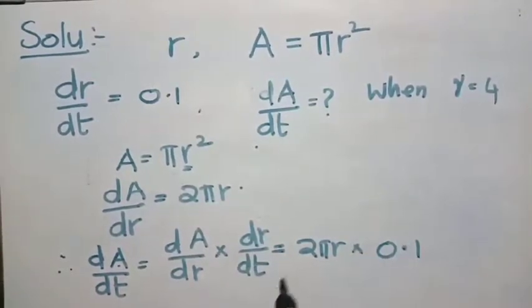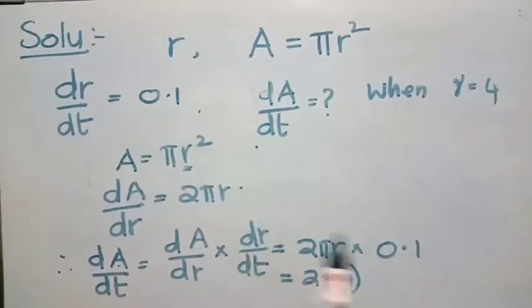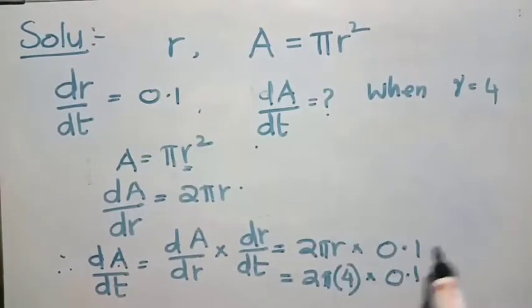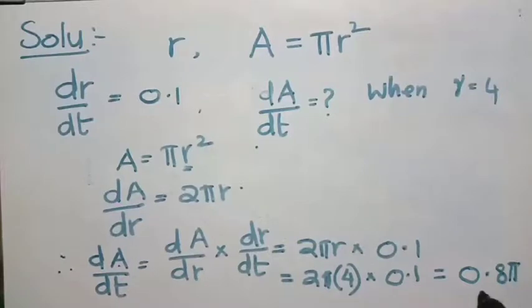That is equal to 2 pi of 4, r is 4, multiplied by 0.1. That is equal to 8 pi into 0.1, that is 0.8 pi as the rate of change of A with respect to time.